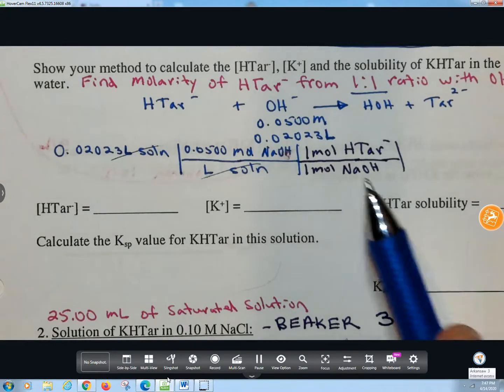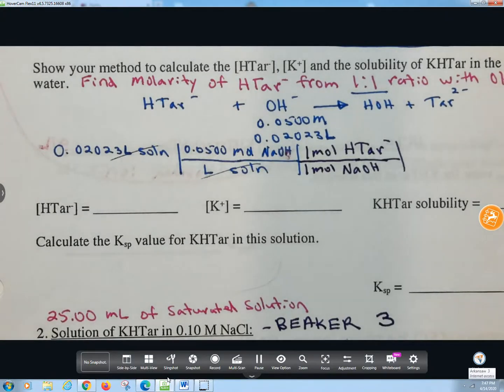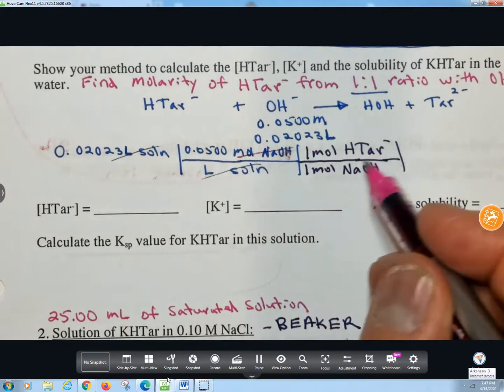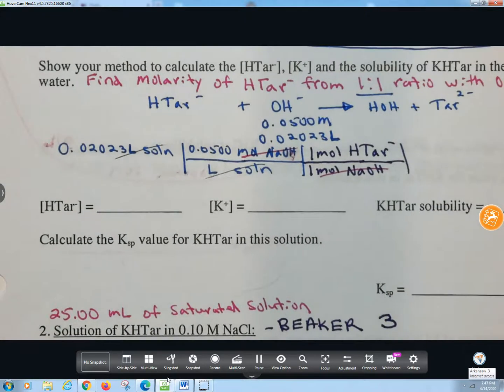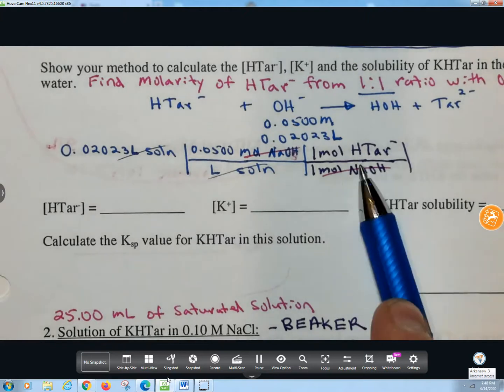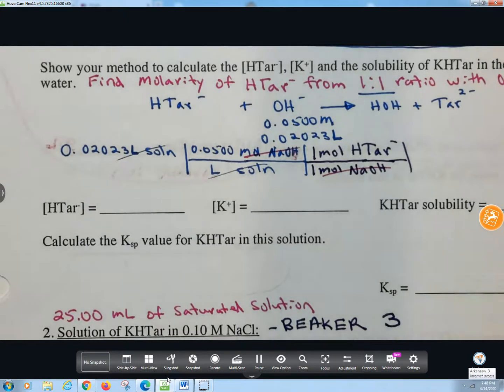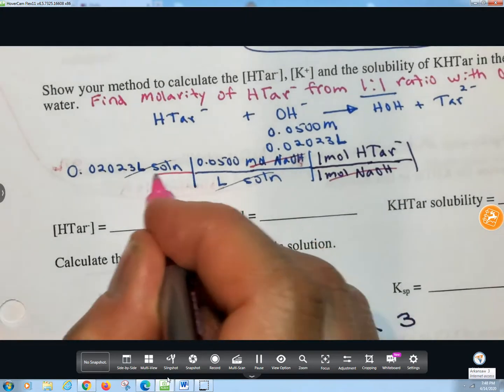And if you want the molarity of HTar, my units here cancel out. If we want the molarity of this, how many liters of solution did we start with? Well, this doesn't have to look pretty as long as the units work out. Draw your line here.